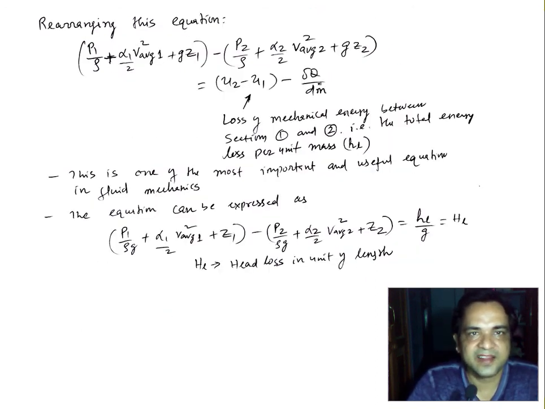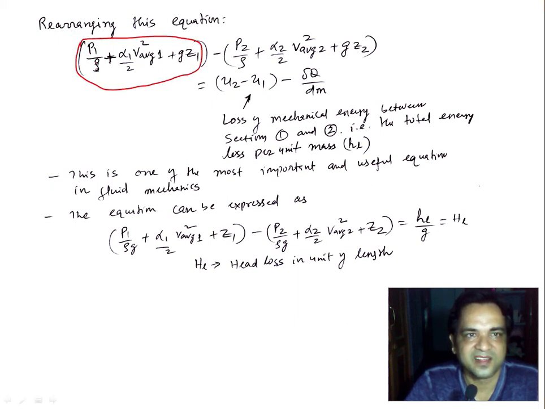We will rearrange that equation, summing at a particular cross section. The summation of all the terms at section 1, the inlet, is P1 by rho plus alpha 1 by 2 into V average square at 1 plus g Z1. This is the summation of all energies: pressure energy, kinetic energy, and potential energy. Minus the summation of all energies at section 2 is equal to U2 minus U1 minus delta Q by m.